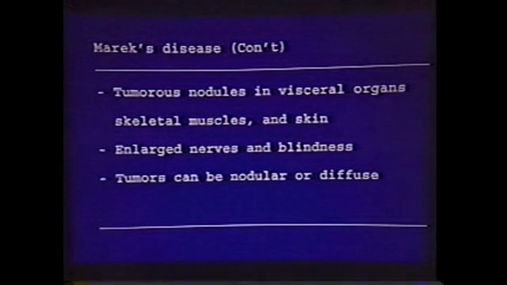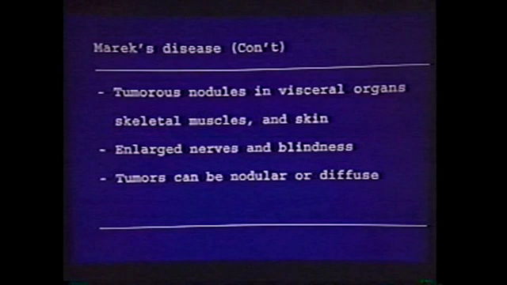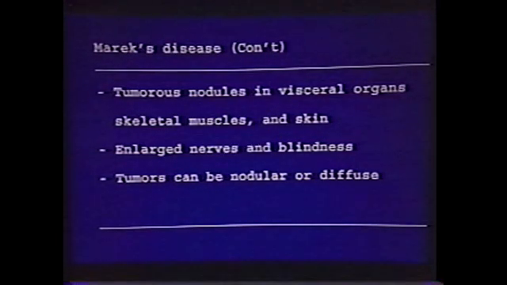So whenever we see nodules that, in addition to the liver and spleen, if we see them on the proventriculus and the gizzard and the skeletal muscles, if we see the skin is involved, if we see the eye is involved, the nerve is involved, we're going to think of Meniere's disease rather than lymphoid leukosis.